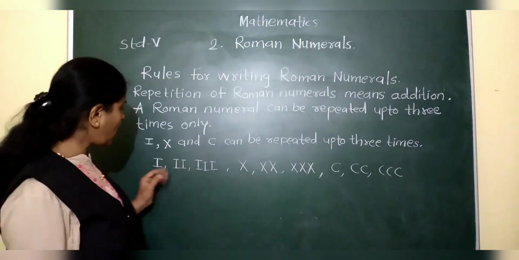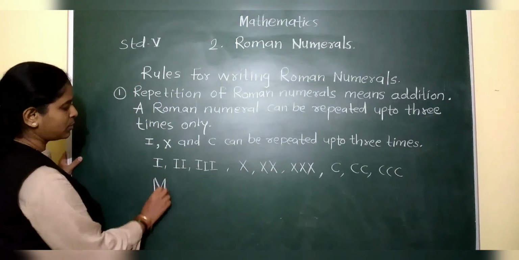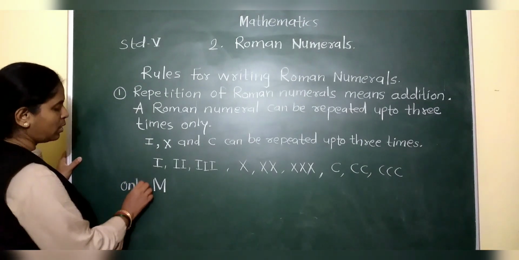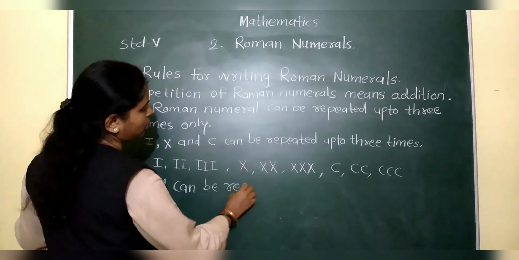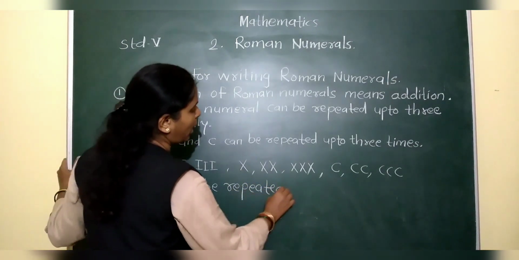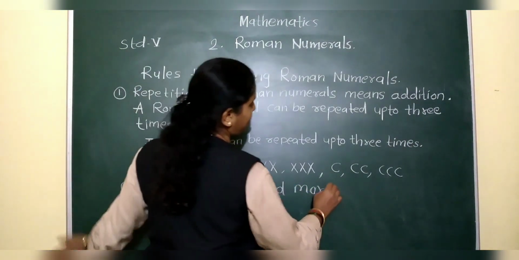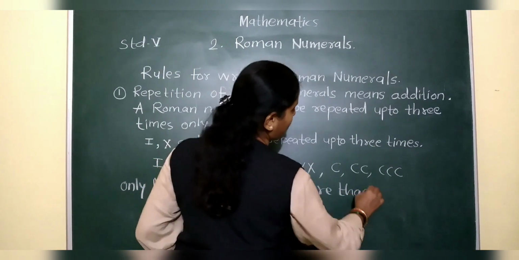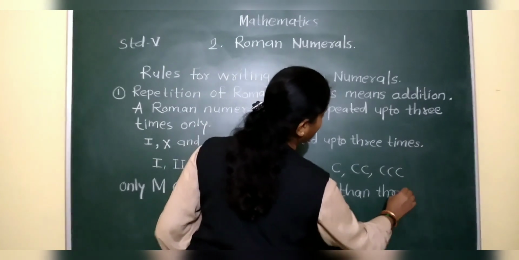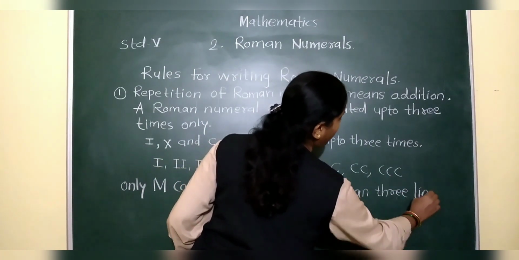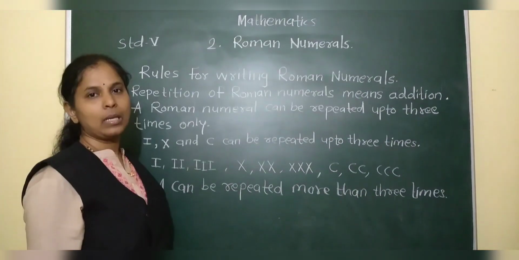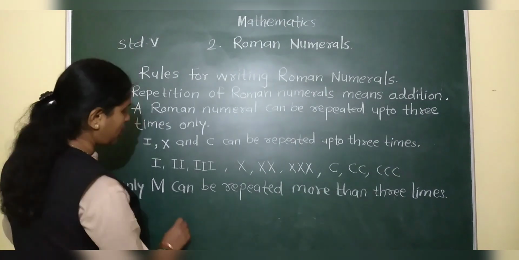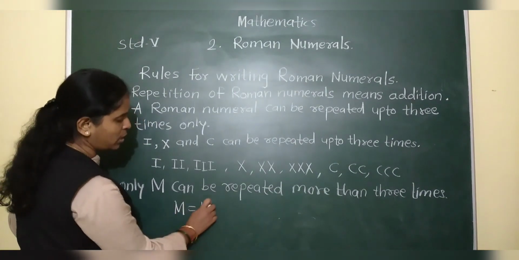Okay? And M. Only M can be repeated more than 3 times. Now, what is the value of M? M stands for 1000.